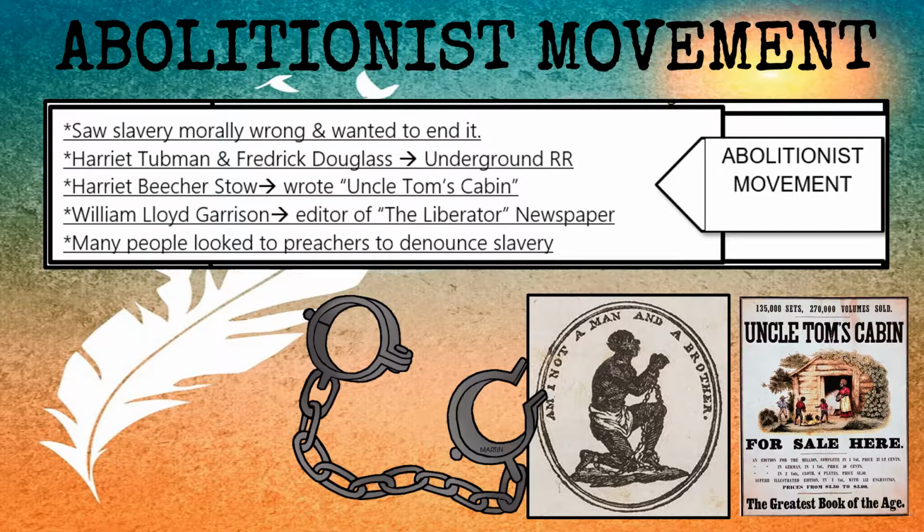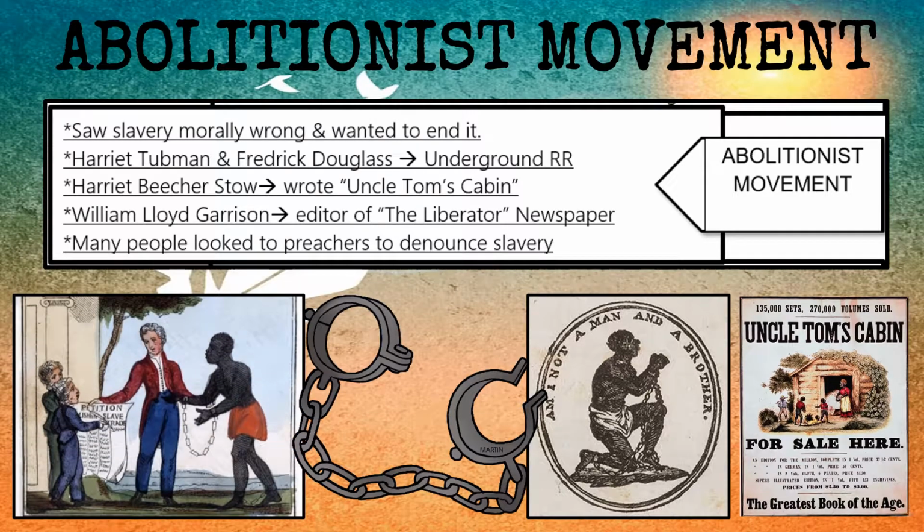And these two works, Uncle Tom's Cabin and the newspaper The Liberator, really stirred the emotions of the North and really started to push them towards supporting the abolition movement. Many people also looked to preachers to denounce slavery. They felt like everyone is God's people, no matter your color, and were hoping the preachers would support the abolitionist movement. So write what you see and move on when you're done.